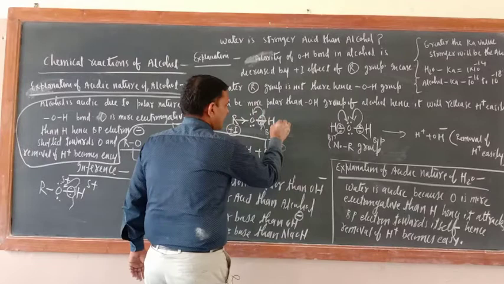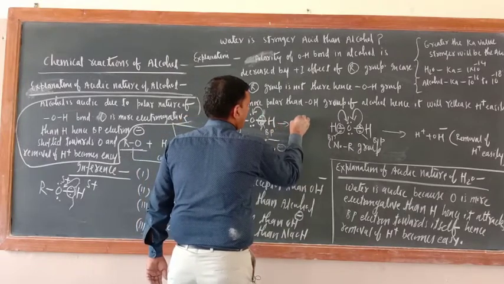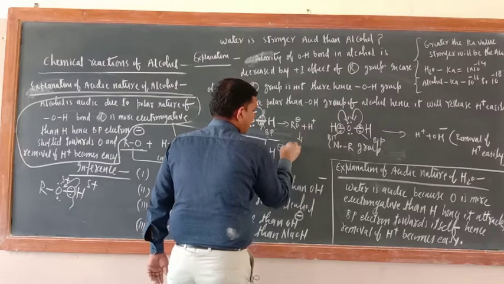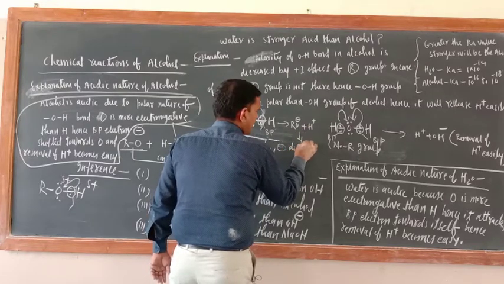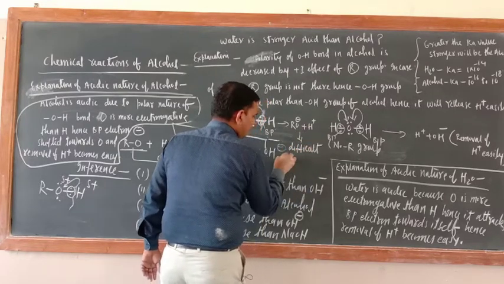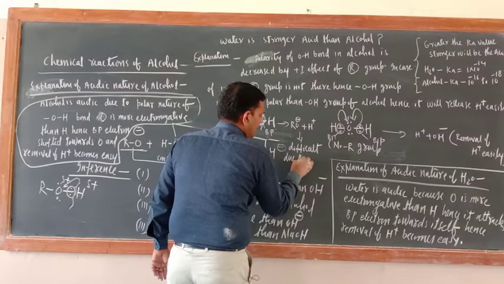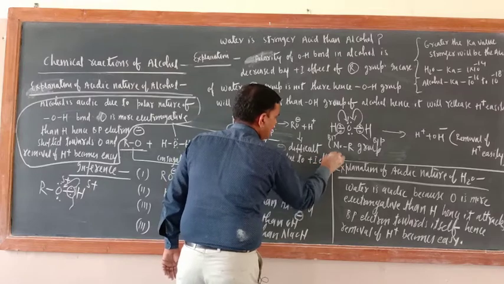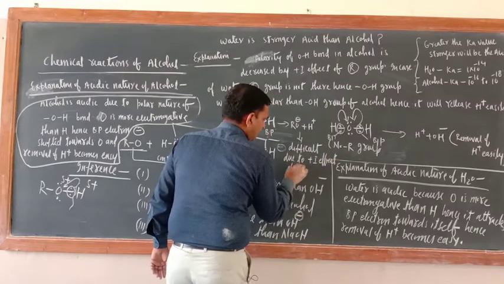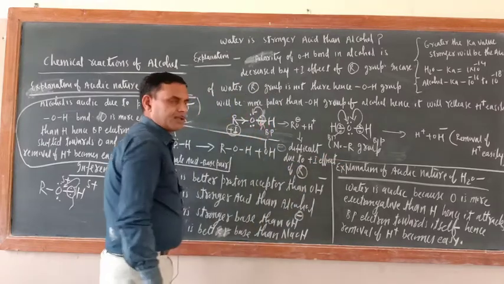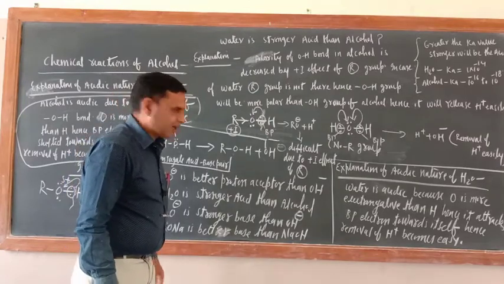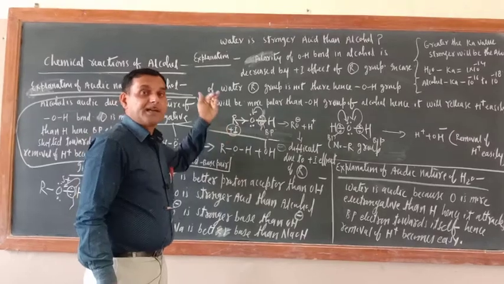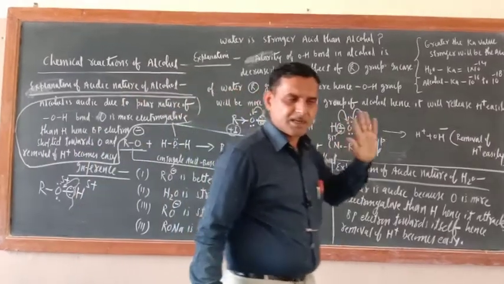Here, RO negative plus H positive is difficult due to the plus I effect of R. Plus I effect of R. Have you got it or not? Correct? That is why alcohol is a weaker acid than water. Discussion is over.